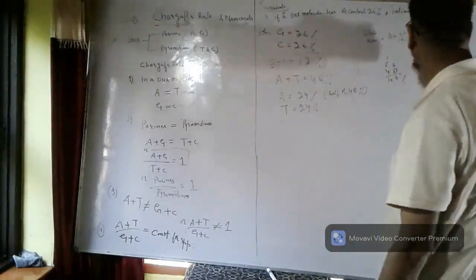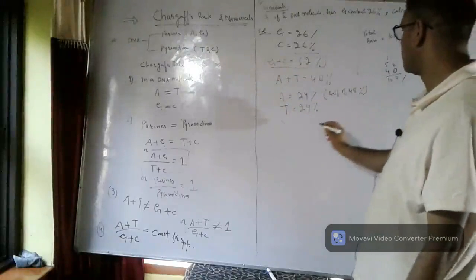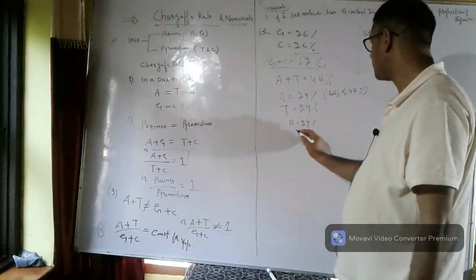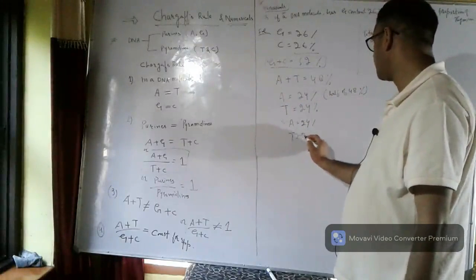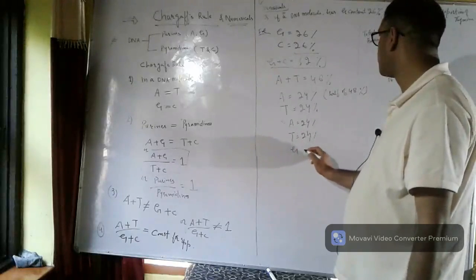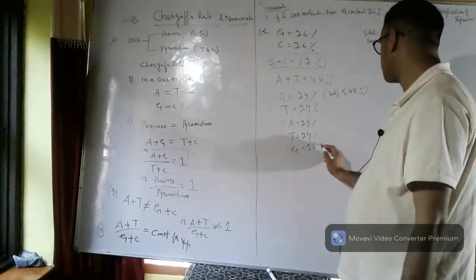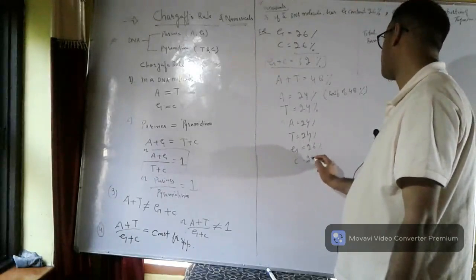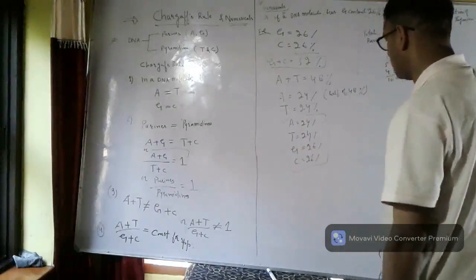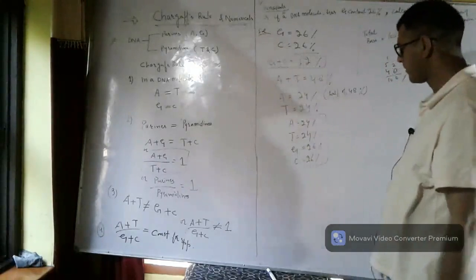Therefore, we have to calculate the proportion of thymine. So adenine is 24% in that DNA molecule, thymine is 24%, guanine is 26% and cytosine is 26%. This is the solution for this problem.